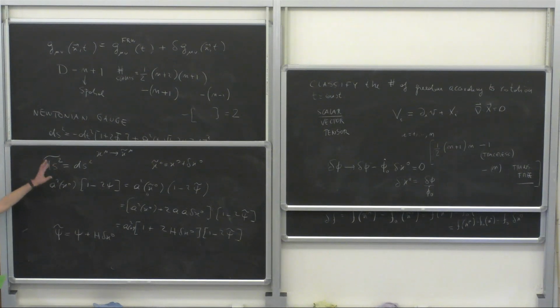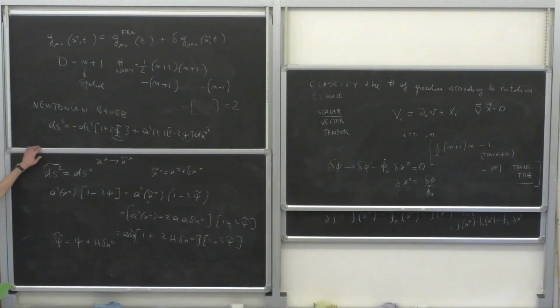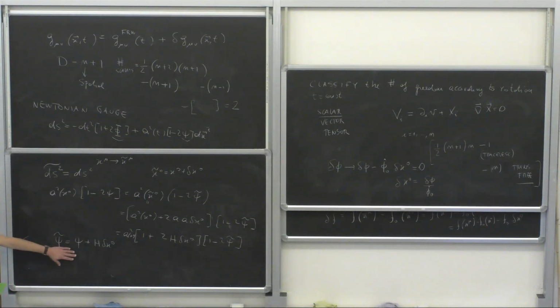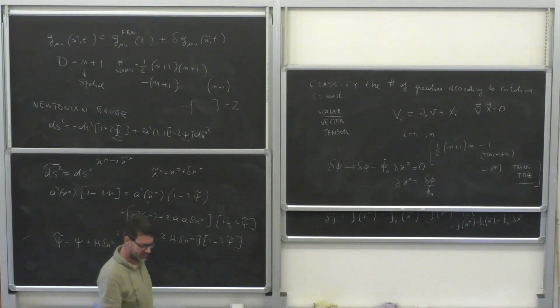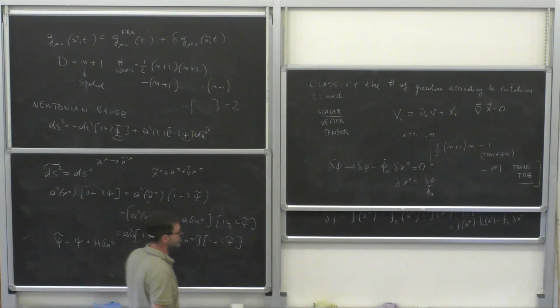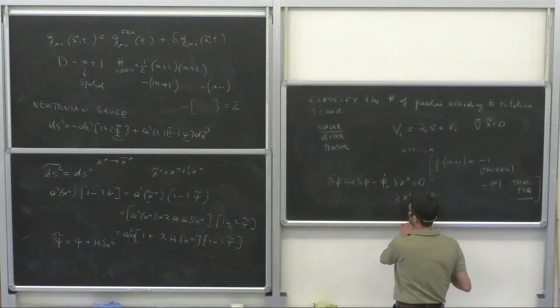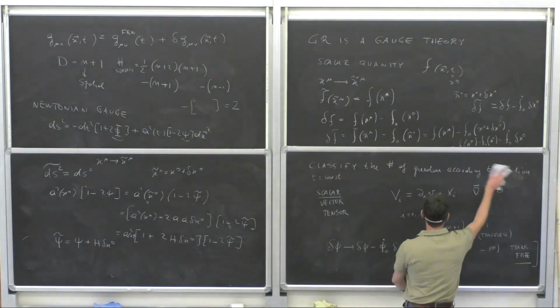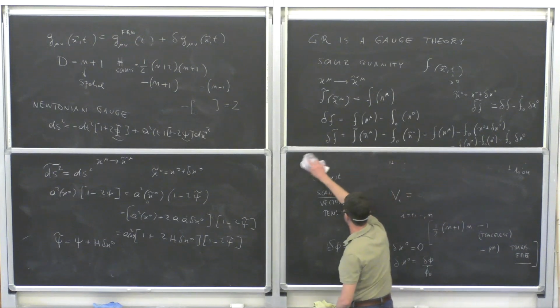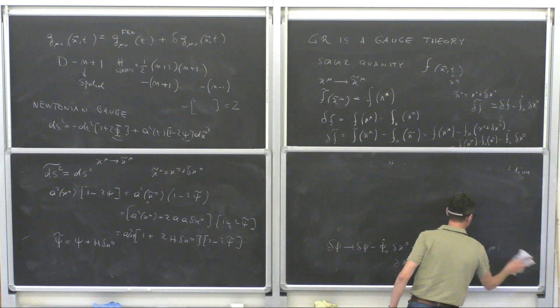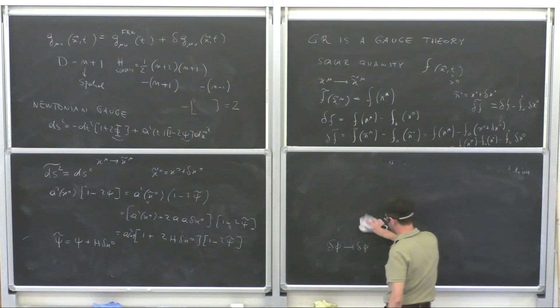You can also transform the phi, if you like, the other degrees of freedom, but for the time being we are not interested in it. We're only interested in the gravitational potential. Okay? So now I'm done, because I have two quantities that transform, and of course I can combine them to construct a gauge invariant quantity, which is called zeta, and is called the curvature perturbation, and I will explain to you why.